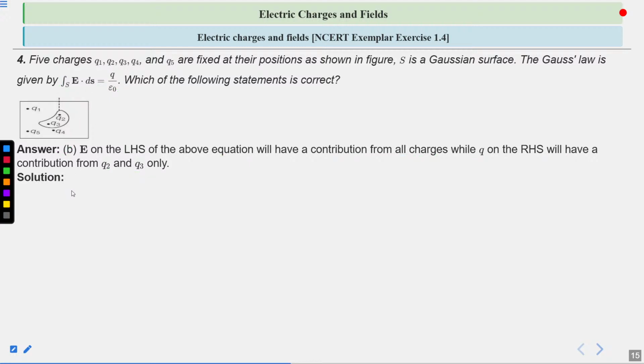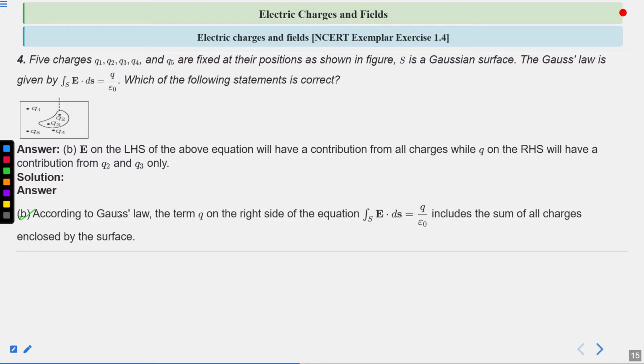Solution. According to Gauss law, the term Q on the right side of the equation, integral over S of E dot ds equal to Q divided by epsilon naught, includes the sum of all charges enclosed by the surface. So that is Q2 and Q3 only.